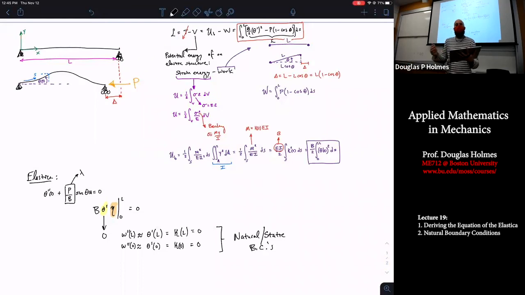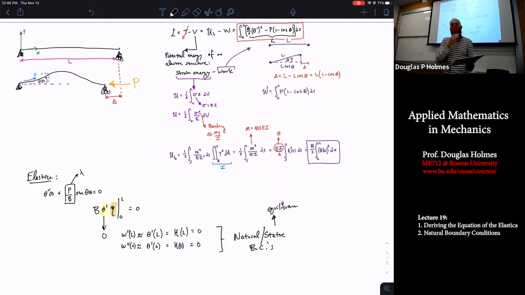I say these are natural or static because think about what this means. Static kind of implies that we have something that has to do with equilibrium, something relating to the constitutive relationship between forces and deformation. And in this case, it's really between moments and curvature.